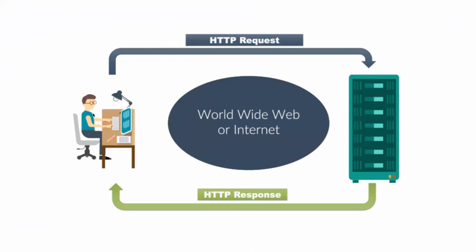Then the server receives the request and creates an HTTP response, sends it back to your browser. Server receives requests and creates responses. Browser receives responses and creates requests. Or client, like I say, it can be something other than a browser.